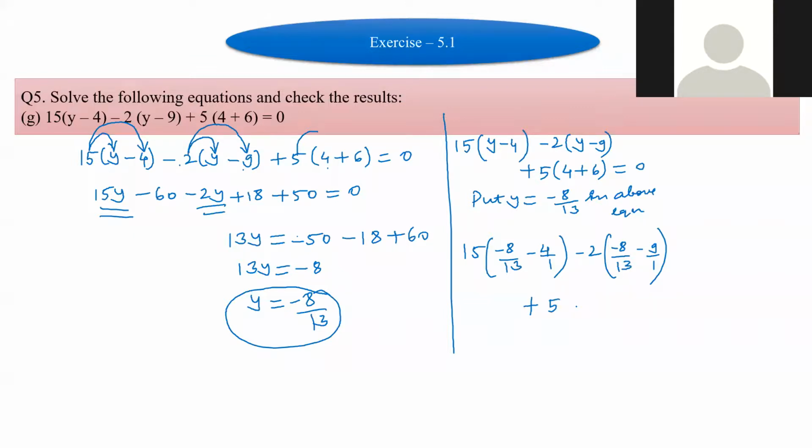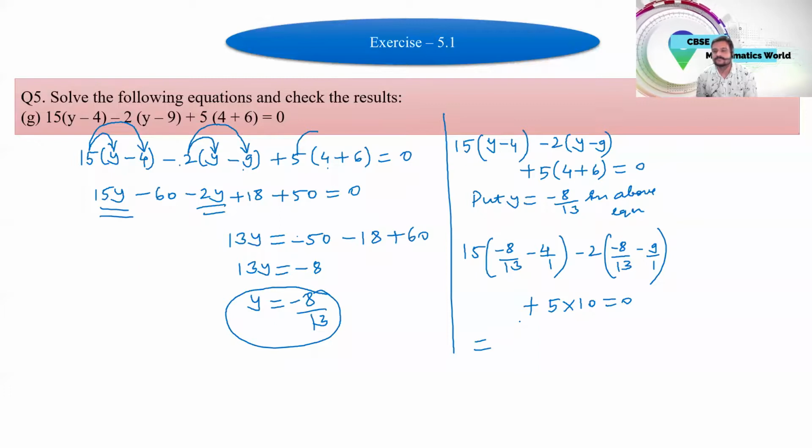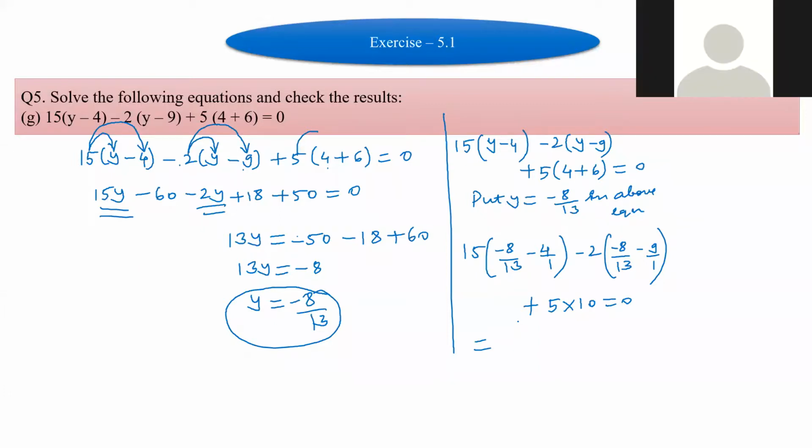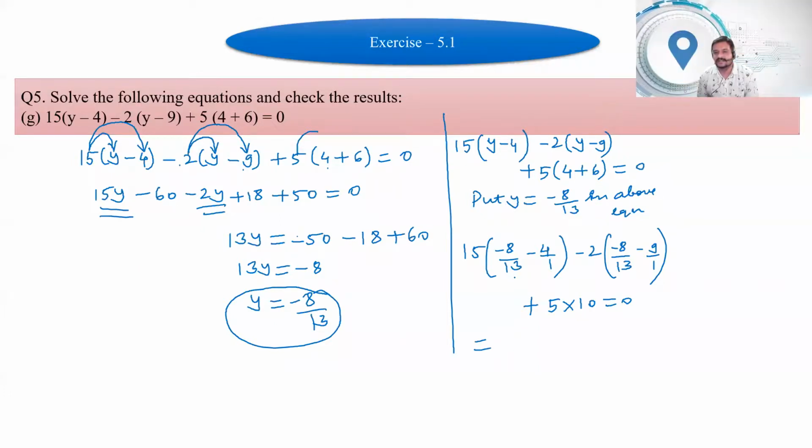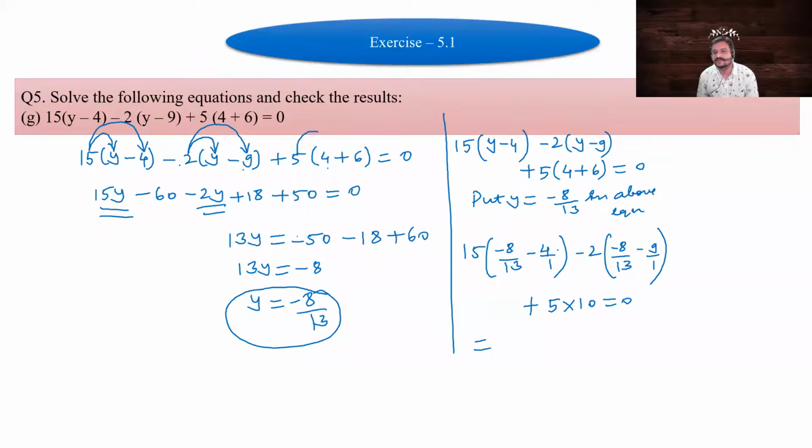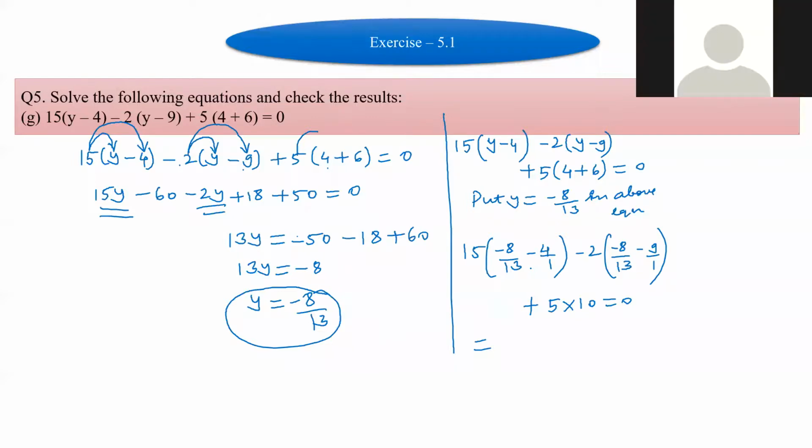So then we will take the LCM of minus 8 upon 13 and minus 4 upon 1. Both are rational numbers. So we will take the LCM of both: minus 8 upon 13 minus 4 upon 1 and minus 8 upon 13 minus 9 upon 1. So the LCM will be 13.